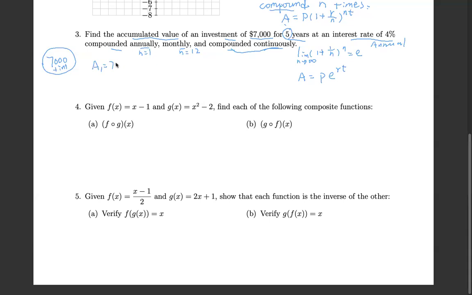So the principal is 7,000. 1 plus R, the interest rate, is 4%. Remember, 4% is 0.04, divided by 1 annually, because N equals 1. Then raised to 1 times T. T is 5 years, so 1 times 5.